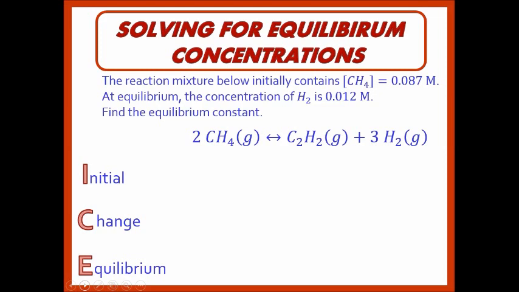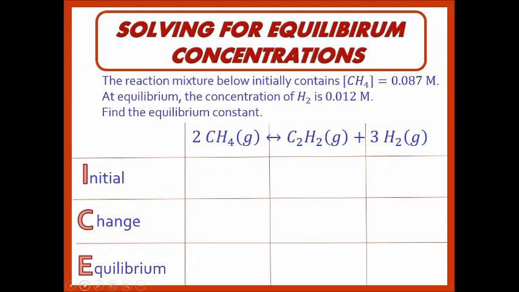Find the equilibrium constant. In order to find the equilibrium constant, we need to know the equilibrium concentrations of all the components in the reaction mixture. In this case, we only know the equilibrium concentration of H2 is 0.012 molar, and we know the initial concentration of CH4 is 0.087.